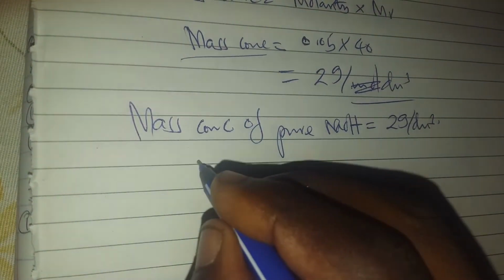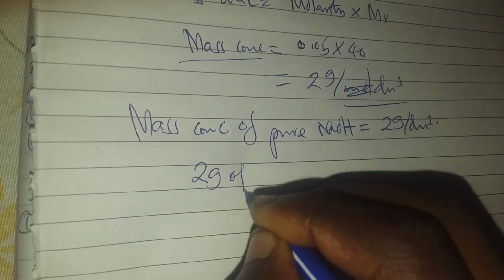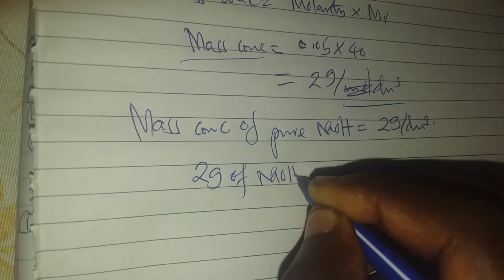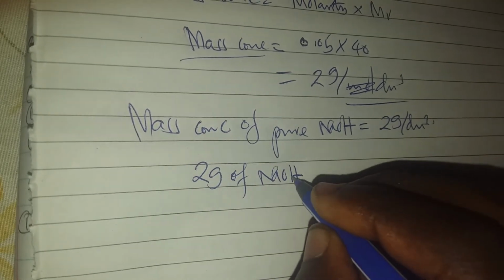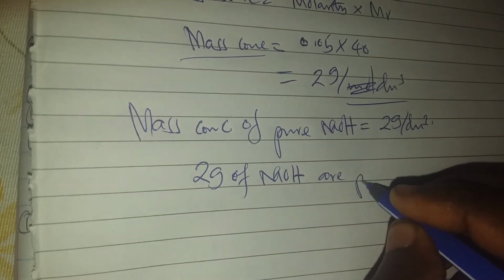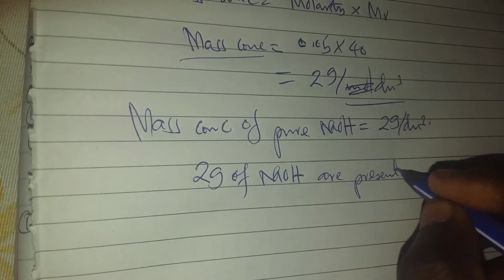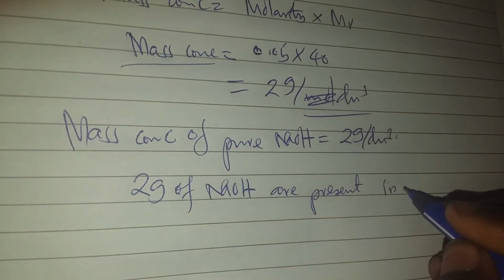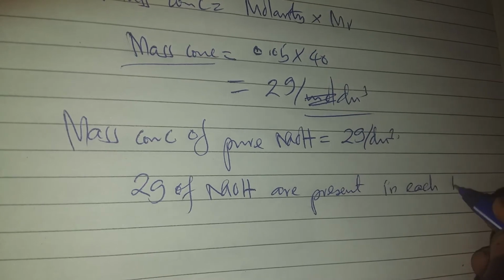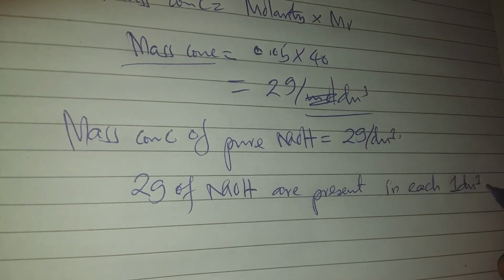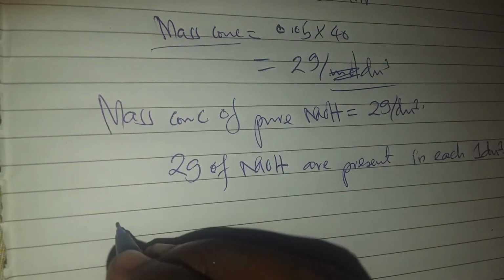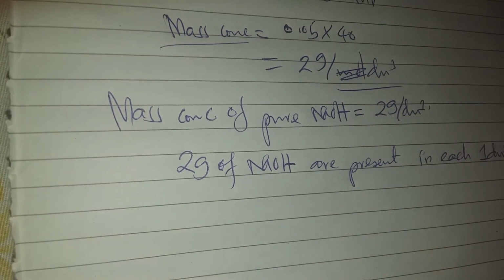That is to say 2 grams of sodium hydroxide are present in each 1 dm cube. From there we go to calculate the mass of what? Impure.